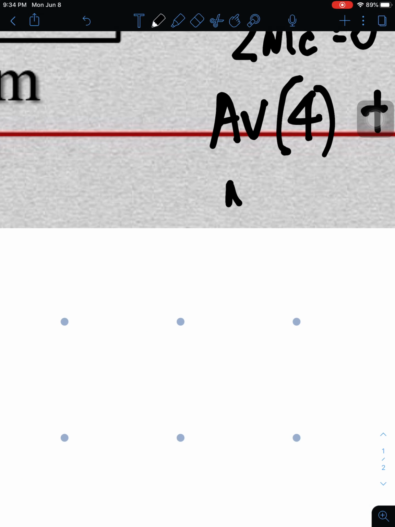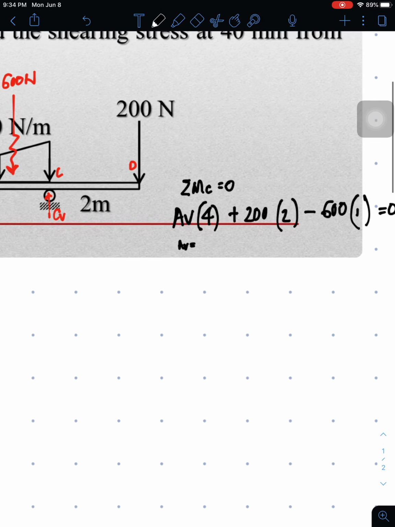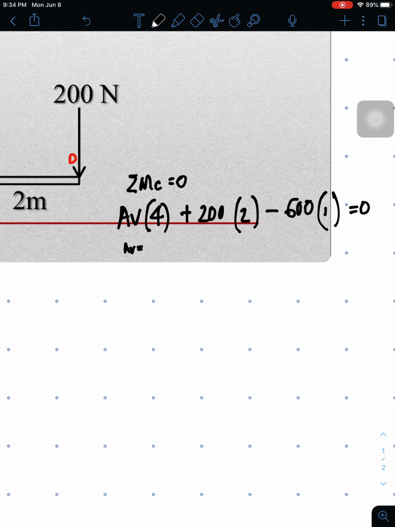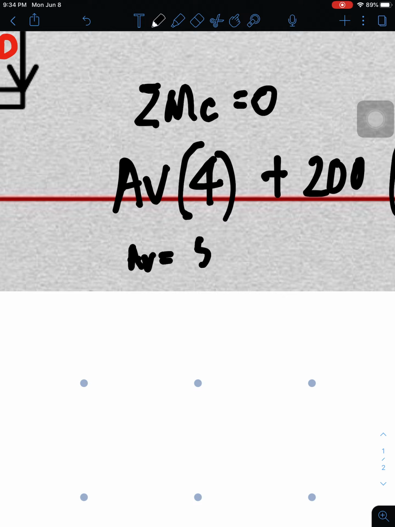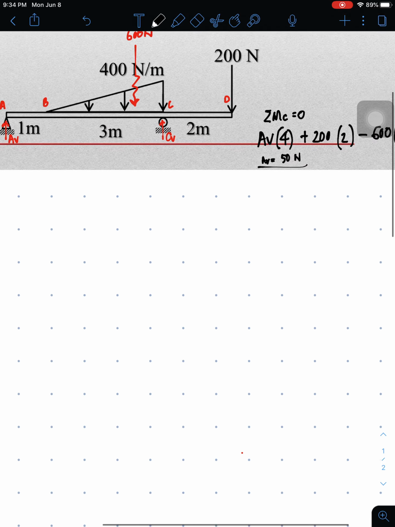So the value of AV is 600 minus 200 times 2, divided by 4. The answer is 50 newtons. That is the value of our AV.